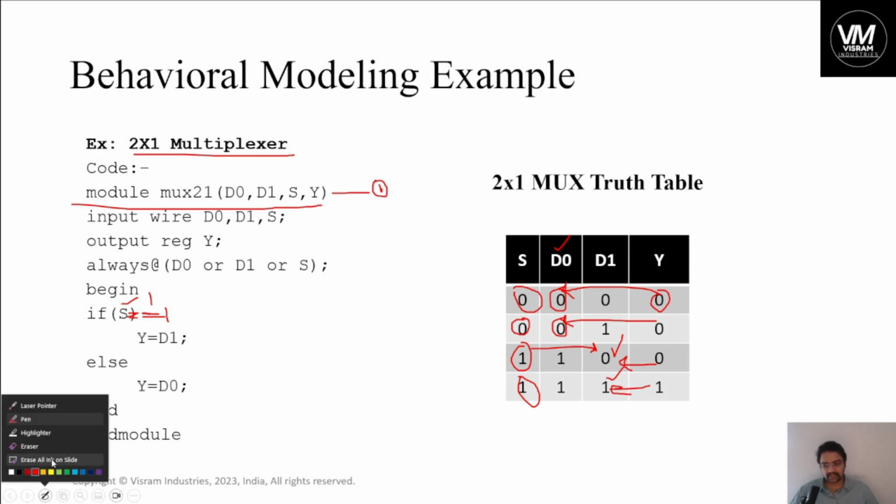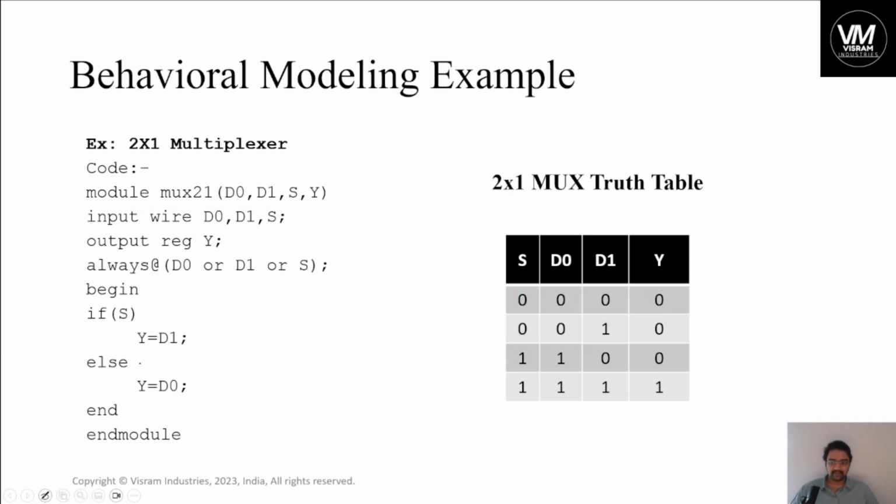That is the condition. If-else conditions and the syntax of if-else will also be explained in today's training. So first part, you declare the module name and inputs and output.